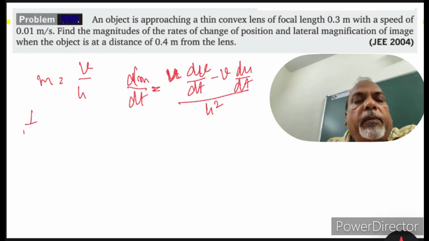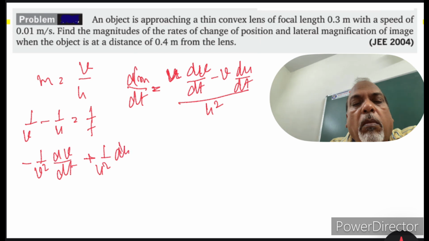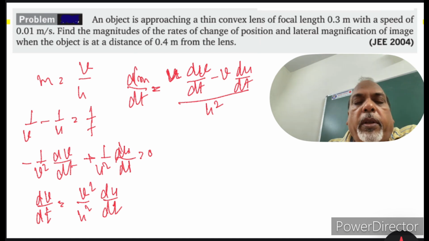We know this formula, and if we differentiate, dv by dt will be equal to v square upon u square times du by dt.